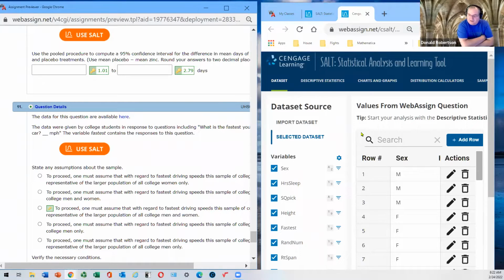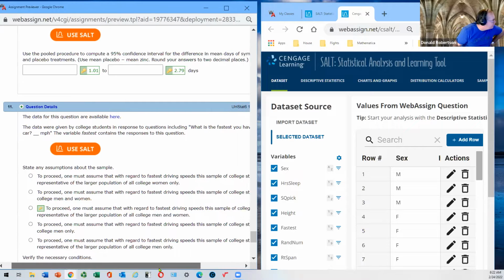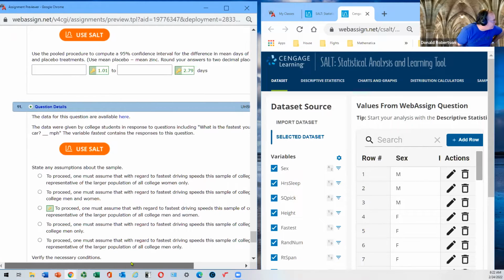So with a bit of luck, I won't lose one of my windows and can't get it back. So in this particular story, let's see what we've been asked to do. The data is given by college students in response to the question, what is the fastest you've ever driven your car? And the variable is fastest speed contained in the response.